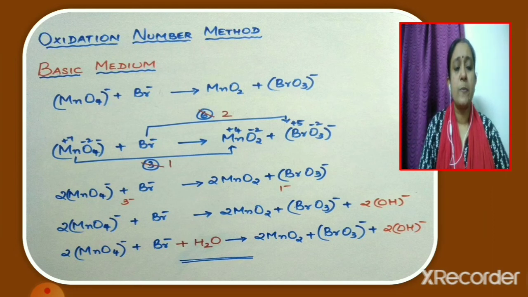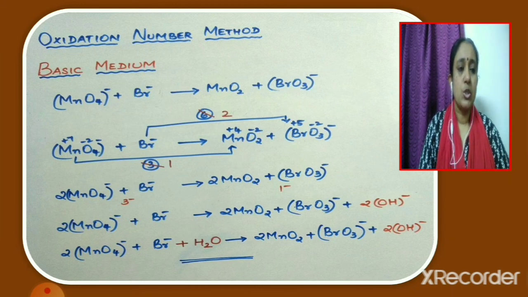So how many OH- ions should be added, and to which side of the equation? 2 OH- ions should be added on the product side. So now our equation becomes 2MnO4- + Br- gives 2MnO2 + BrO3- + 2OH-.